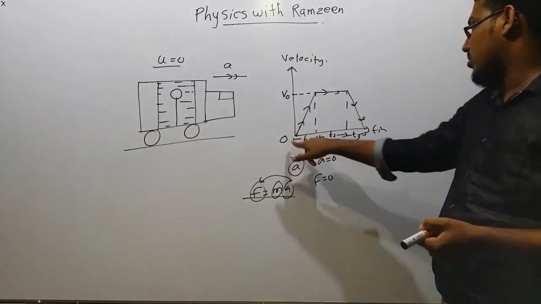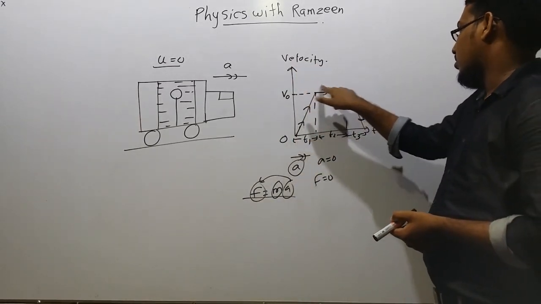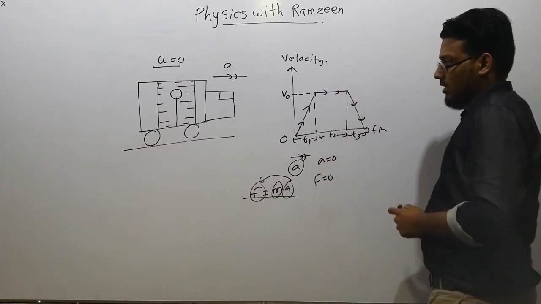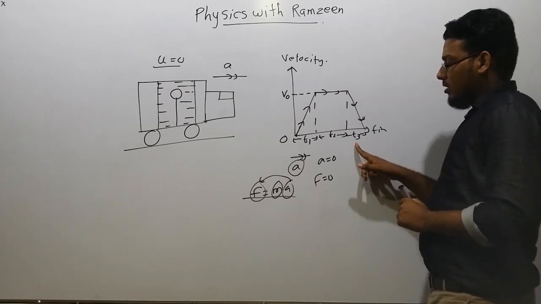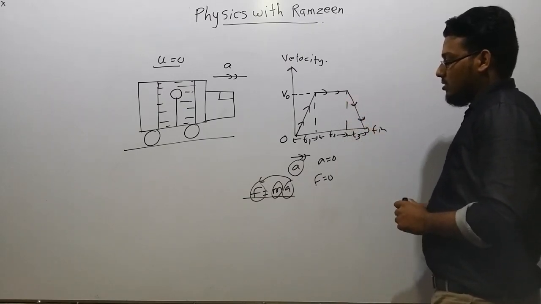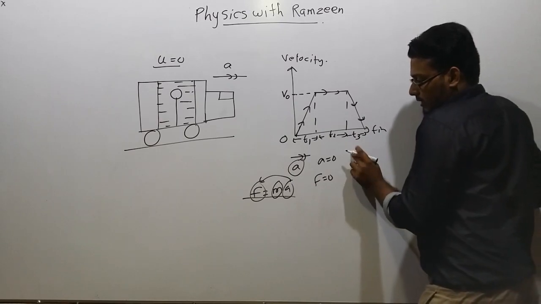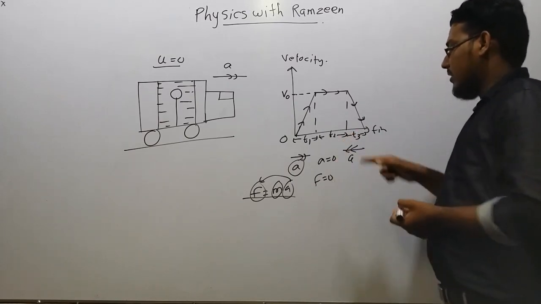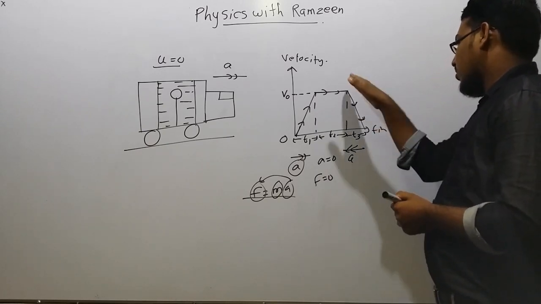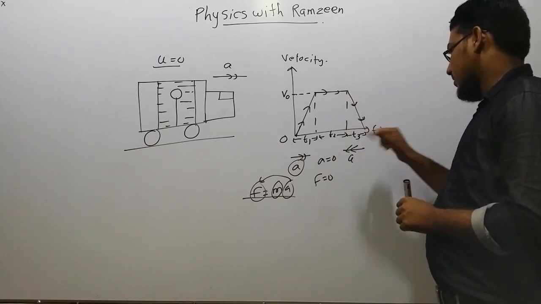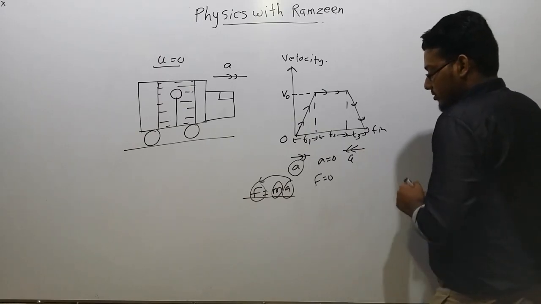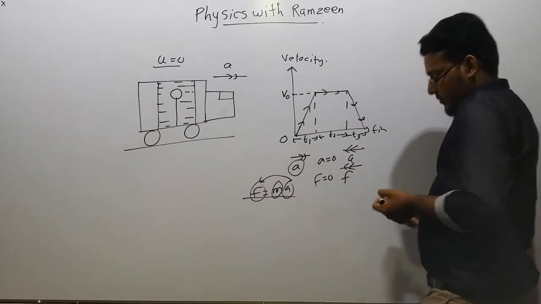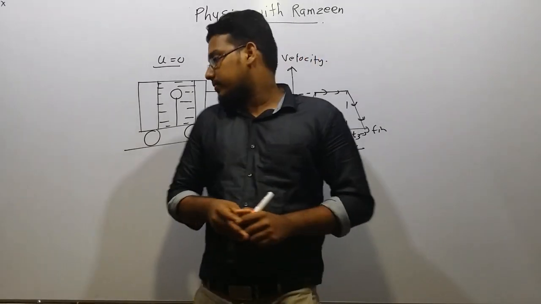First 0 to v naught, then v naught remaining constant, and finally v naught to 0, the velocity goes. So the velocity reduces, and the acceleration is acting in the opposite direction. That's why the velocity value reaches 0. In this time also, the resultant force is acting in the same direction as the acceleration.